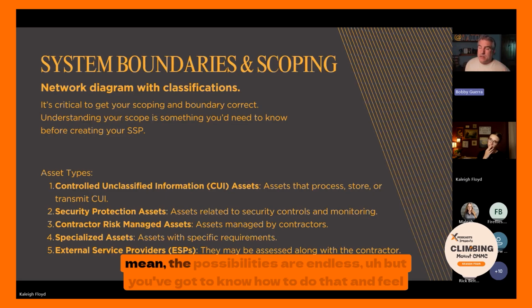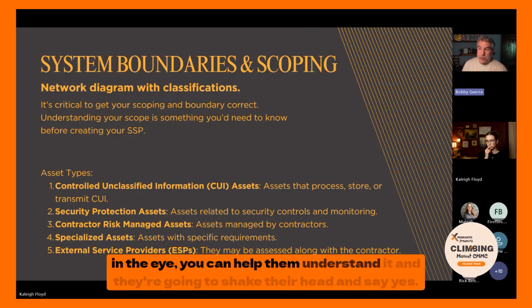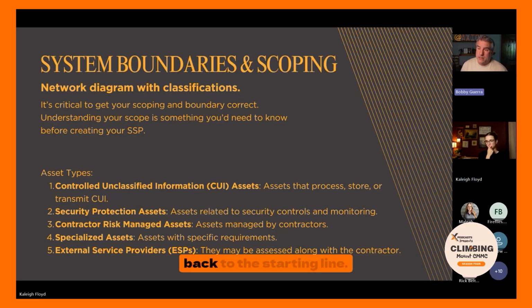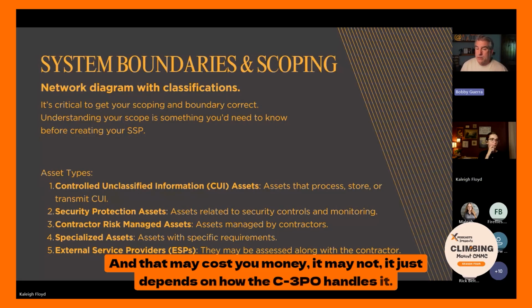The possibilities are endless, but you've got to know how to do that and feel comfortable that you have a good enough understanding that when you're looking the auditor in the eye, you can help them understand it, and they're going to shake their head and say yes. Because if not, you get a false start and you don't get out of phase one, and you get punted with your client back to the starting line. That may cost you money. It may not. It just depends on how the C3PAO handles it.